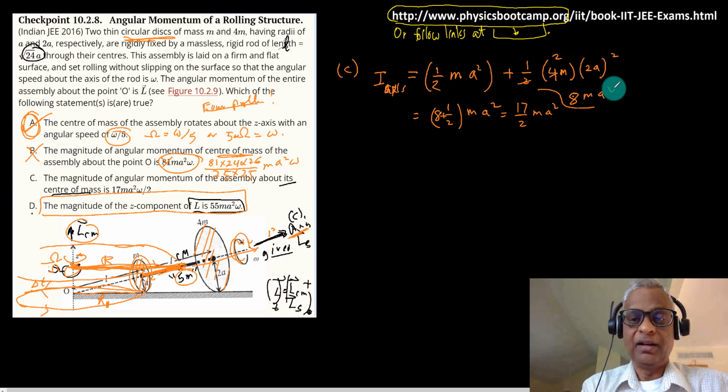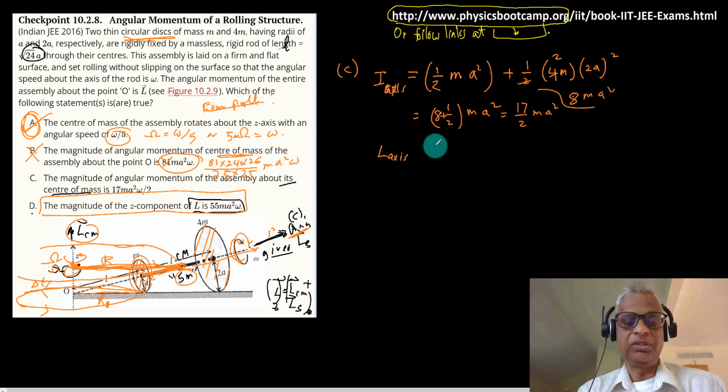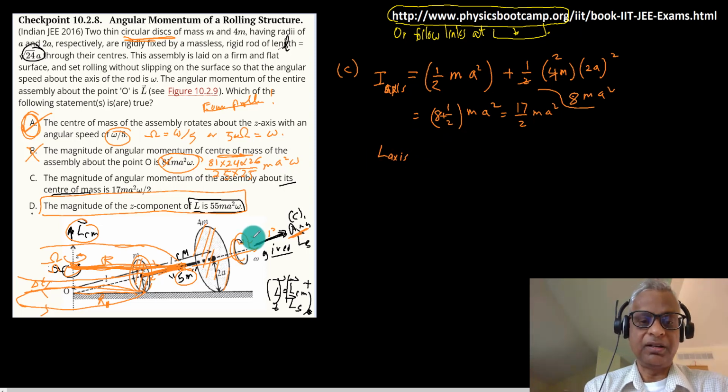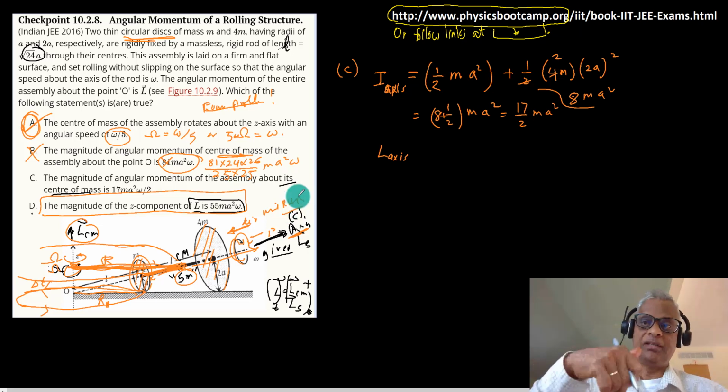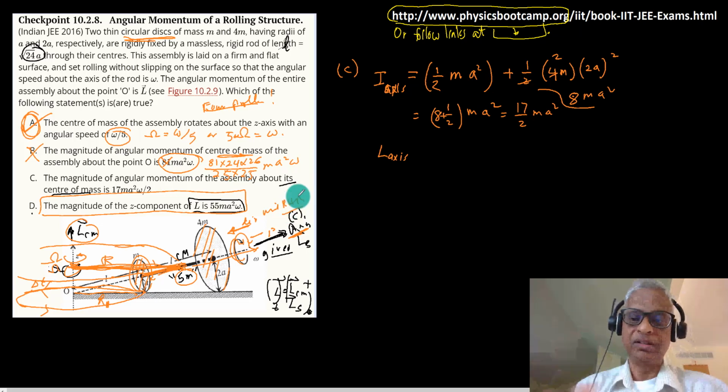So L axis magnitude, the direction is in that direction, using the right hand rule. You do the right hand rule and it's going to point in that direction.